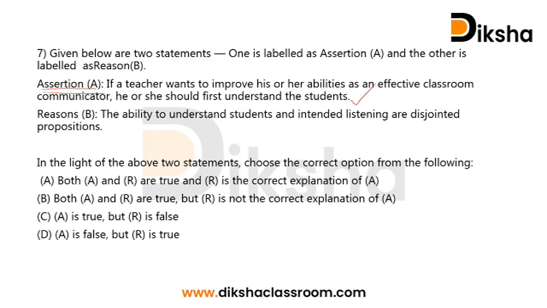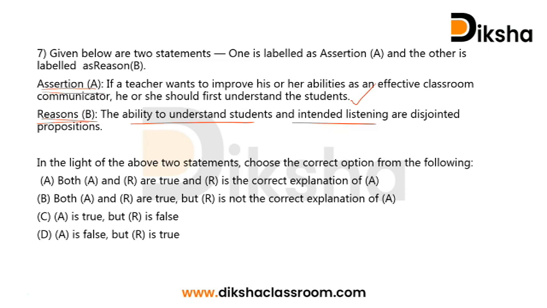Now what about the reason statement? Reason states that the ability to understand students and intended listening are disjoint propositions. Is that true? It is false because the ability to understand students and intended listening are joint propositions, not disjoint propositions. These two parts match with each other.